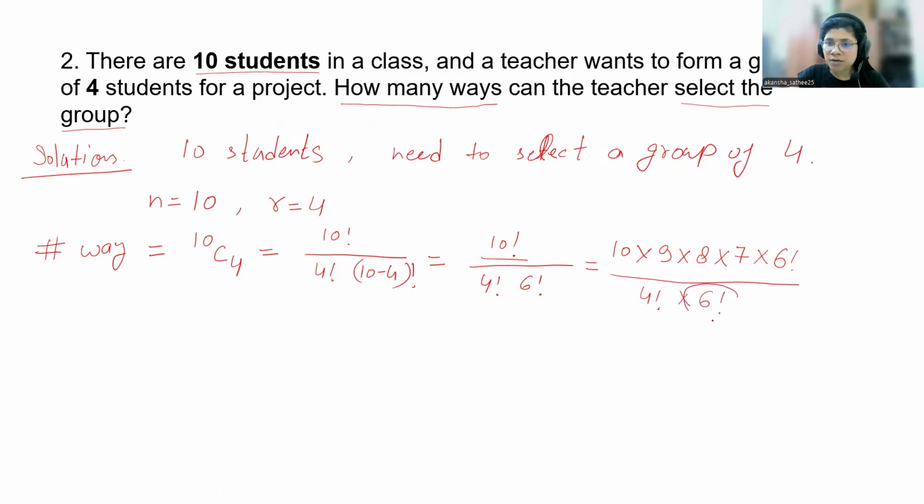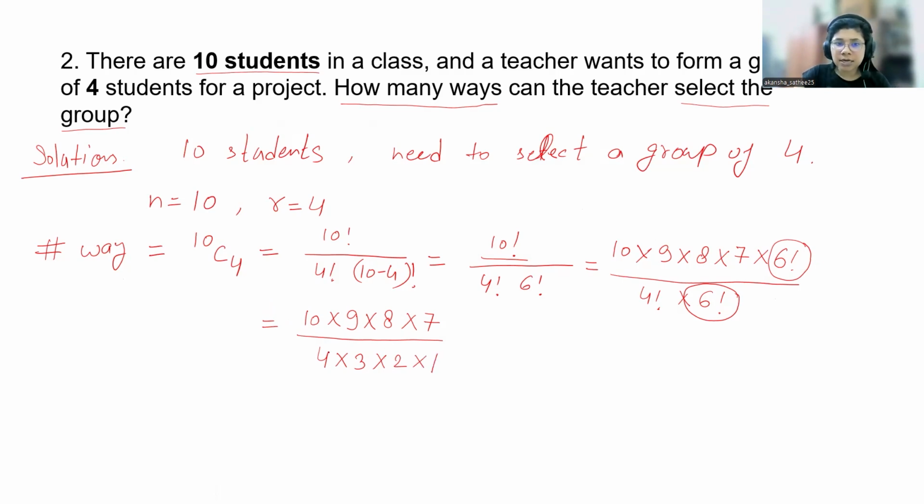But this 6 factorial is sitting in the denominator as well as in the numerator. So this will get cancelled and you will be left with 10 into 9 into 8 into 7 upon 4 factorial, means 4 into 3 into 2 into 1.